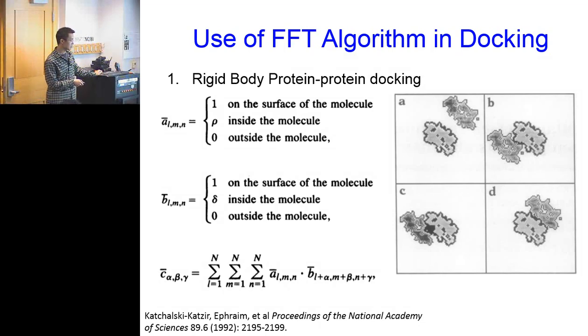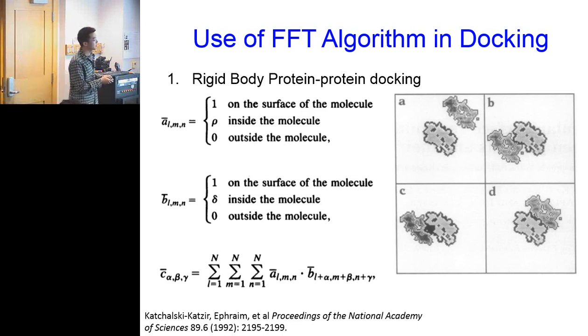You can see this is the cross correlation evaluated at alpha, beta, gamma. Alpha, beta, gamma is the offset. It's like the n in the cross correlation I showed you in 1 dimension. Okay. And they assume that the binding pose corresponds to the pose that has the highest cross correlation.